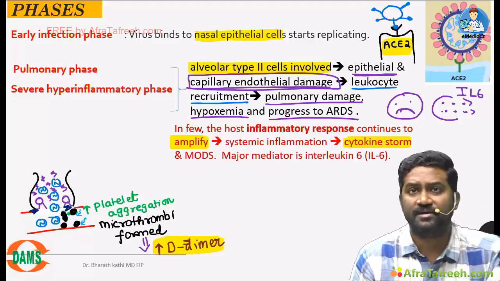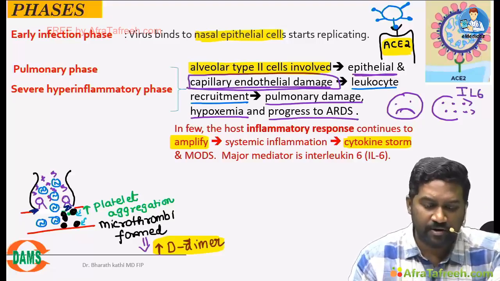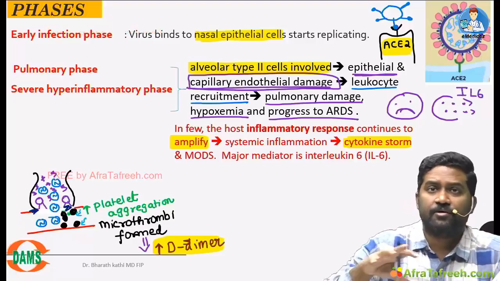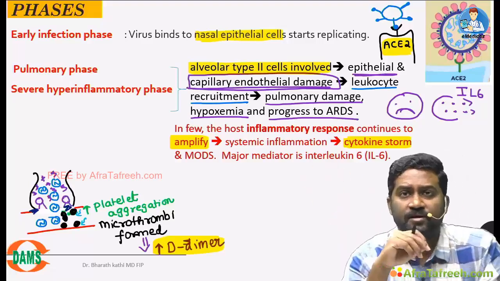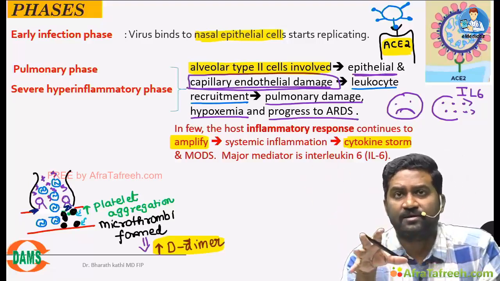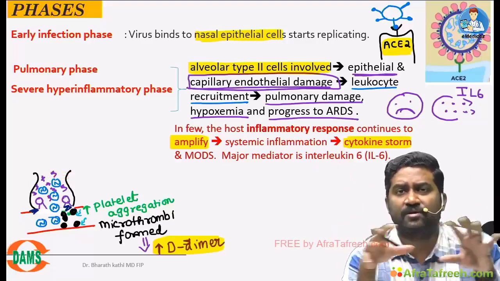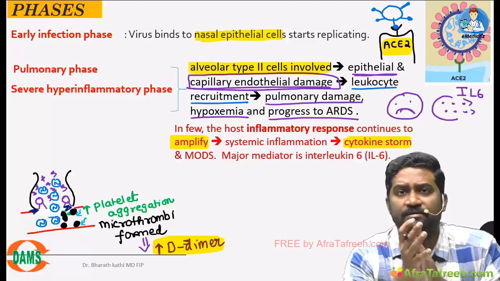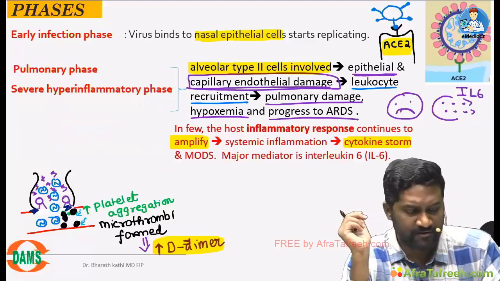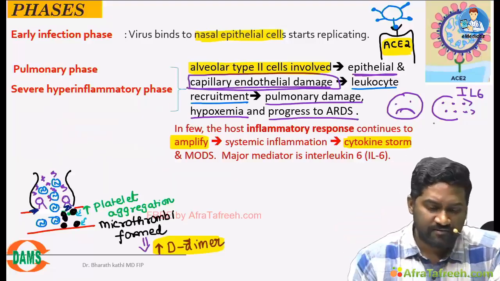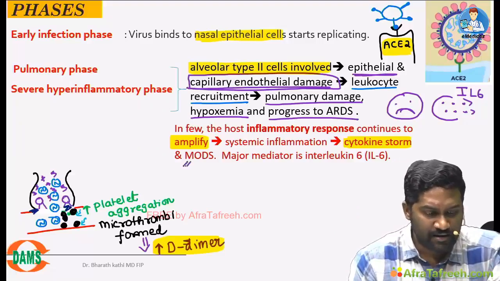Because of these cytokines, they go and hit various parts of the body. Previously the damage was only in the lungs. Now these immune cells have become angry. They go and destroy whatever they see. That results in multi-organ dysfunction. MODS means multi-organ dysfunction.